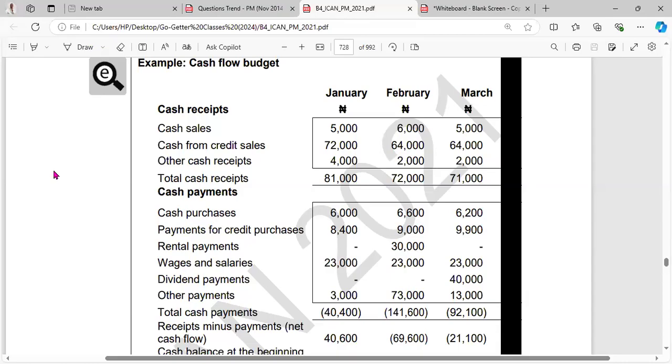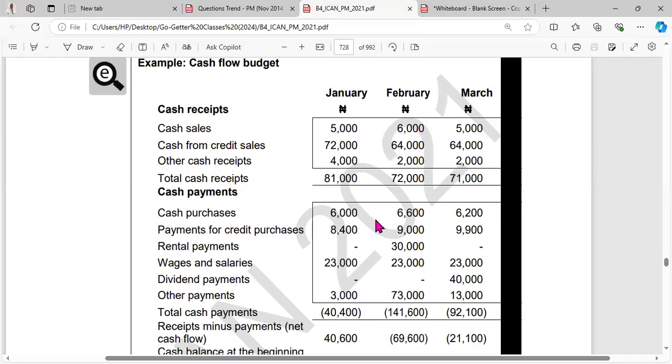You will still record them as accruals and you will still put them there. But in the case of cash, as long as cash has not been received, you don't recognize it. So even if it is next year that you pay the cash, that time you are paying the cash is when you are recognizing it. But in the case of profit statement, the time you are making the sale, you are earning it, even if cash is not paid, that is when you are recognizing it. We will get to see that.